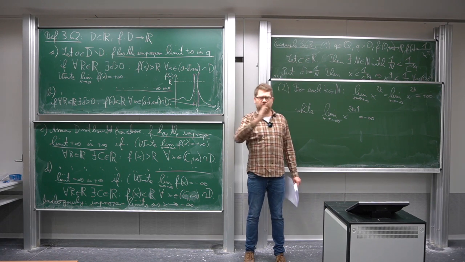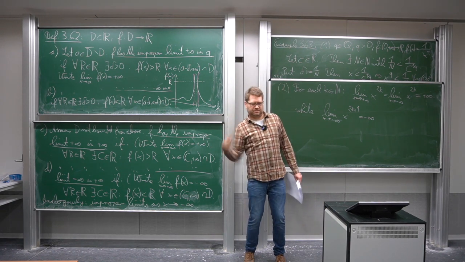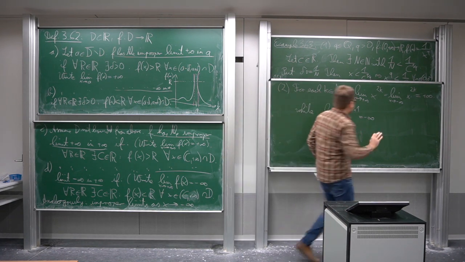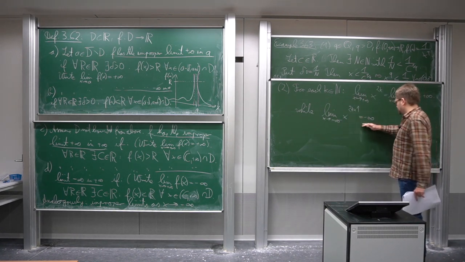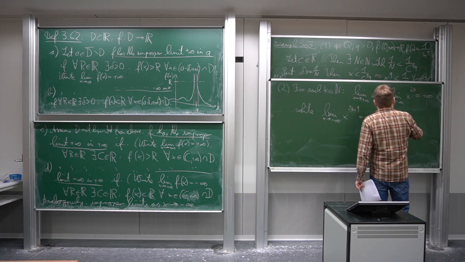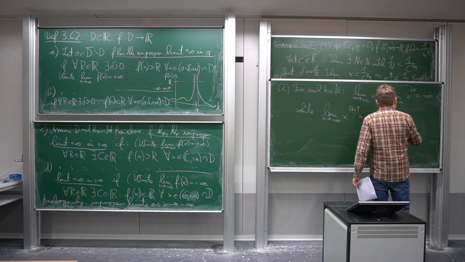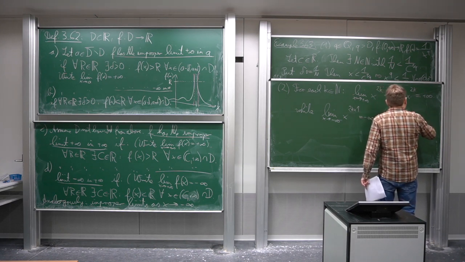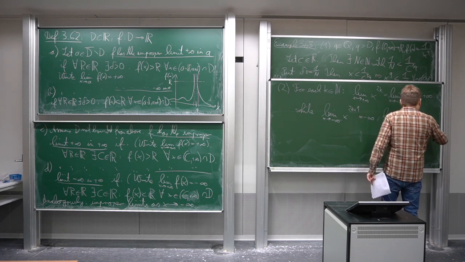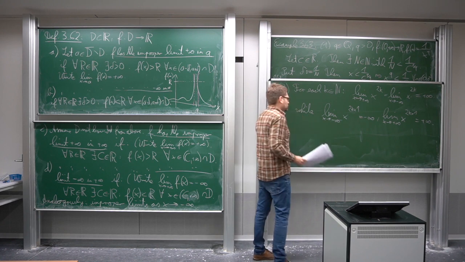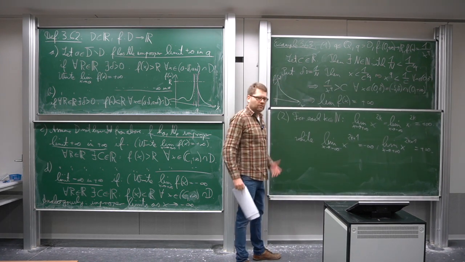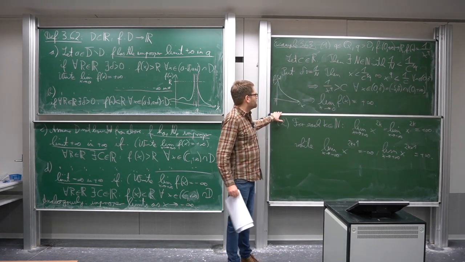So in the odd case, for odd exponent, this goes to minus infinity, and if x goes to plus infinity, x to the 2k plus 1 we get plus infinity as well. This is easy to see, so I will not prove it, but this is the most basic improper limit, I think.